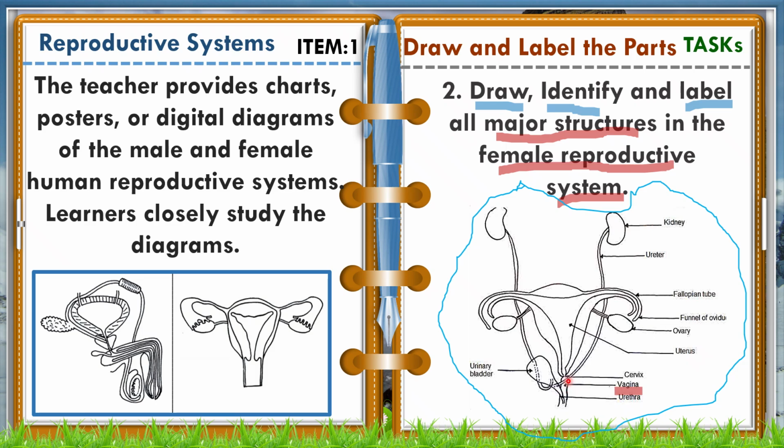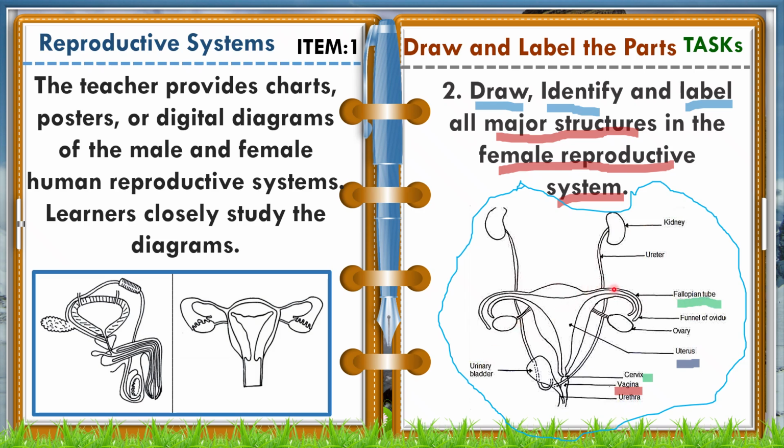Then as we go up, we come to this closure here, and that one we call the cervix. Then from the cervix, we come into this organ here, and that is what we call the uterus. Then from the uterus, we go to these tubes, which we refer to as the fallopian tubes.